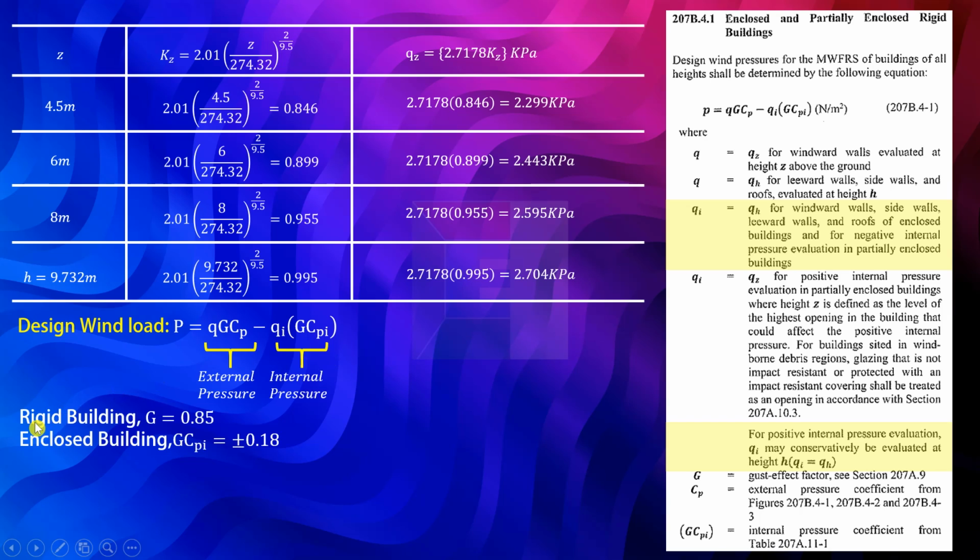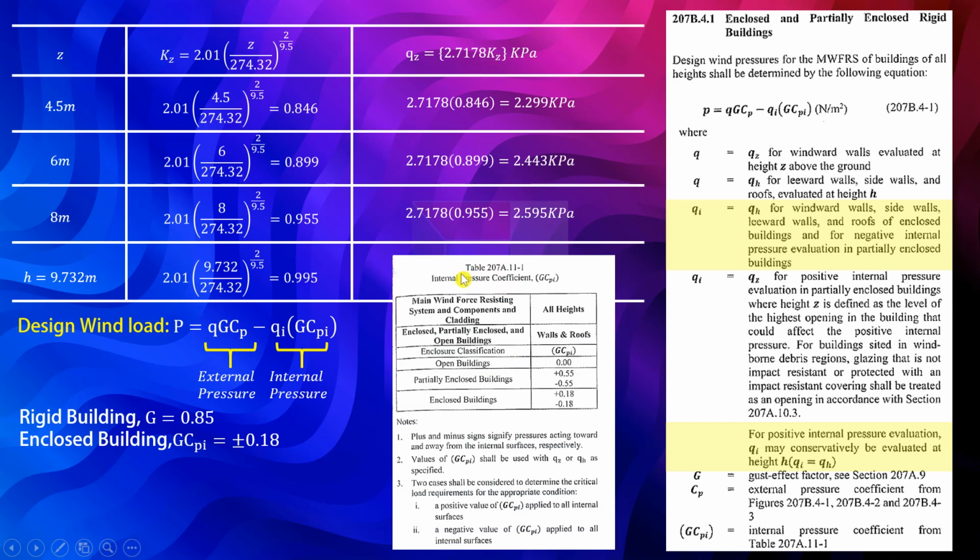So again, given sa problem, meron tayong rigid building. So sa rigid building, automatically yung G is 0.85. Yung G is the gust effect factor. Okay, so makikita mo yan sa section 207A.9. And then for enclosed building, yung GCPI natin is plus minus 0.18. So dito yan sa table 207A.11.1, itong internal pressure coefficient.